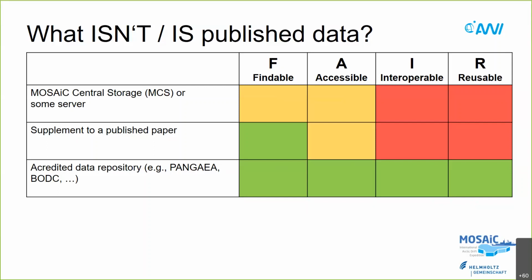For example, the data format might not allow it. Often this is a PDF file with tables attached, and this is really not accessible and definitely not interoperable and reusable, because again, the metadata link is missing. And accessibility also might be compromised because when the research paper isn't open access, then the supplement isn't either.